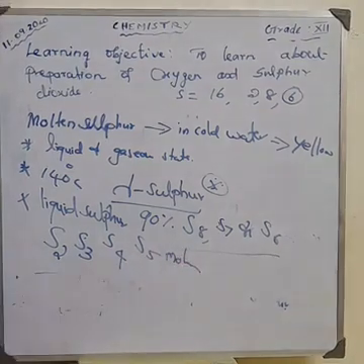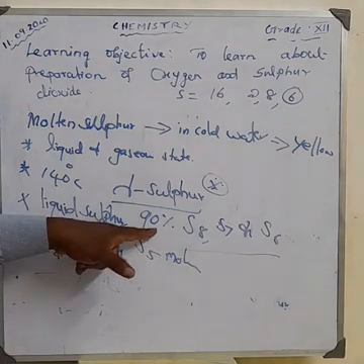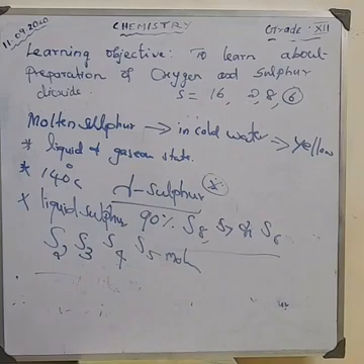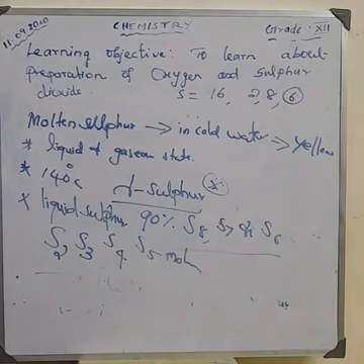This is also very important. These are the allotropic forms of sulfur, and it is an important question for the 3-mark question.